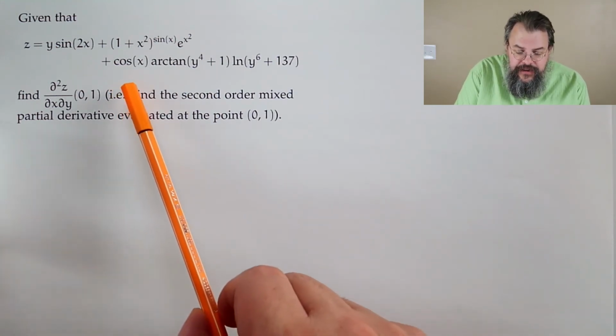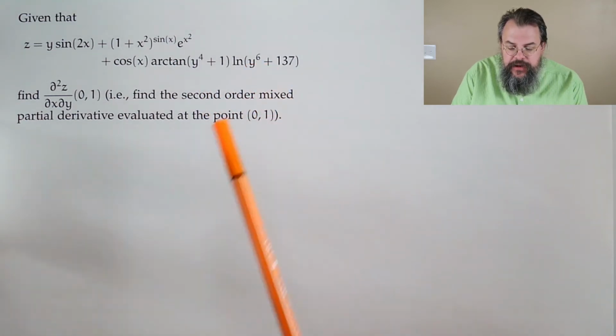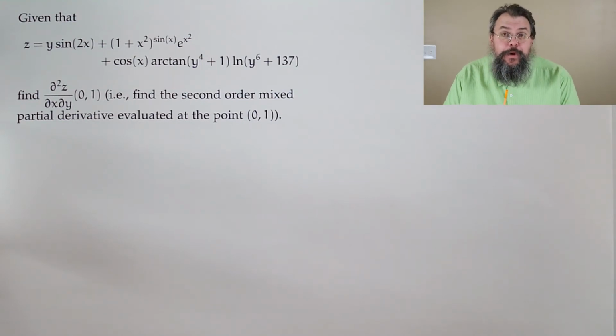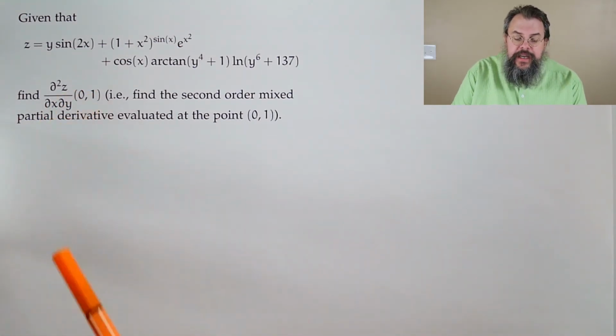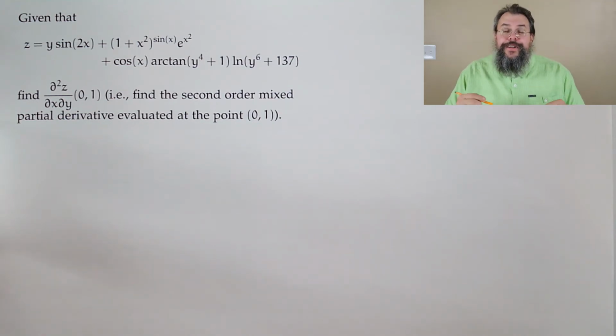And then we have this cosine of x, arctangent of y to the 4th plus 1, log of y to the 6th plus 137. Yeah, okay. And what are we looking for? We're looking for the second order partial derivative, partial squared z, partial x, partial y at (0, 1). All right, cool. Well, this should be interesting.